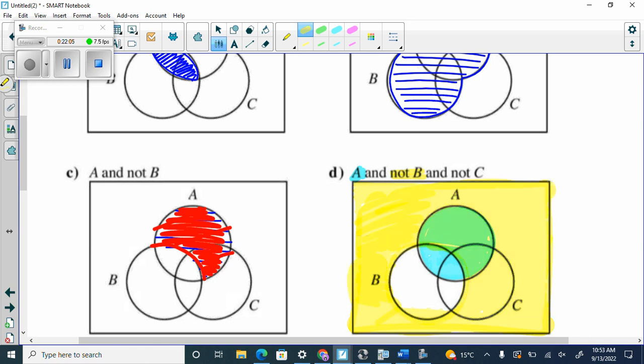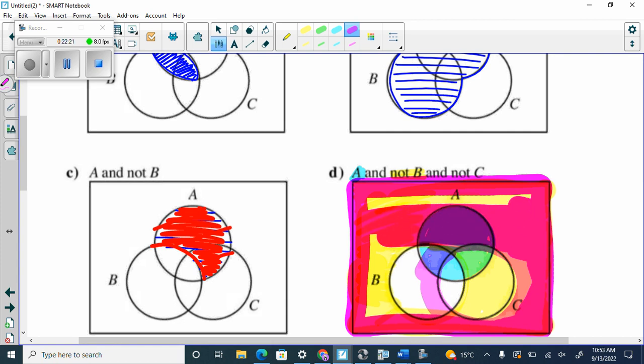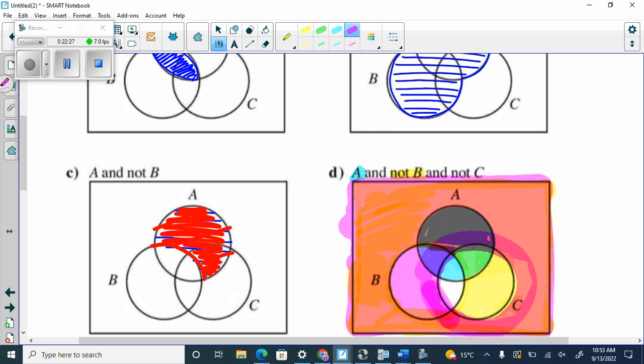And then not C. I don't know what purple's going to do. We'll find out. Okay. Not C. Ooh, that was weird.